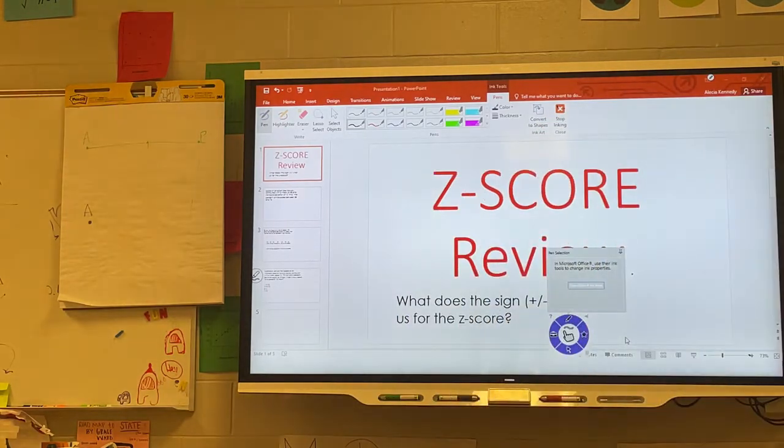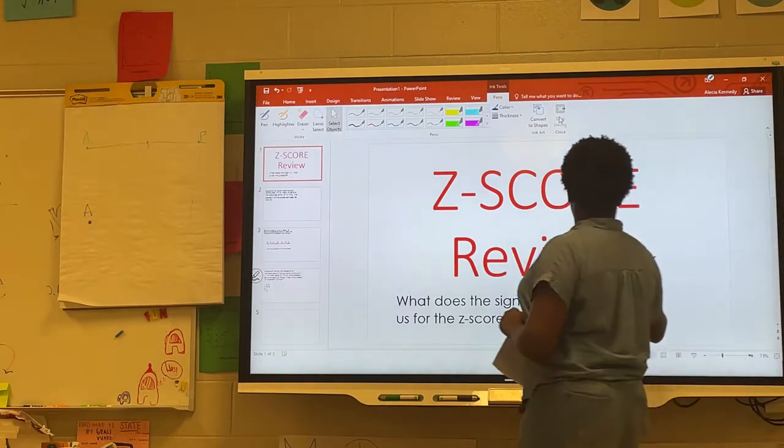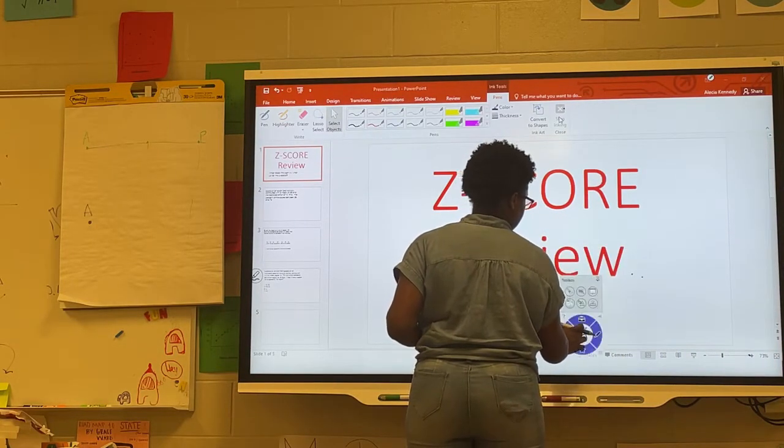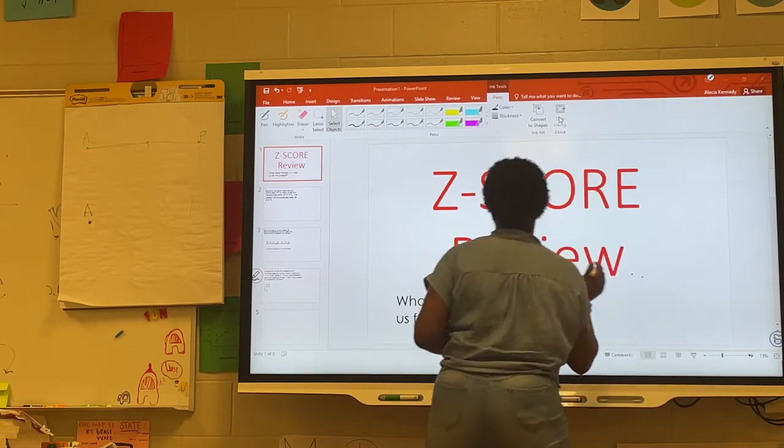Look at that. Crazy board is inking. It's not allowing me to stop it. Okay, let's see. We can stop inking.